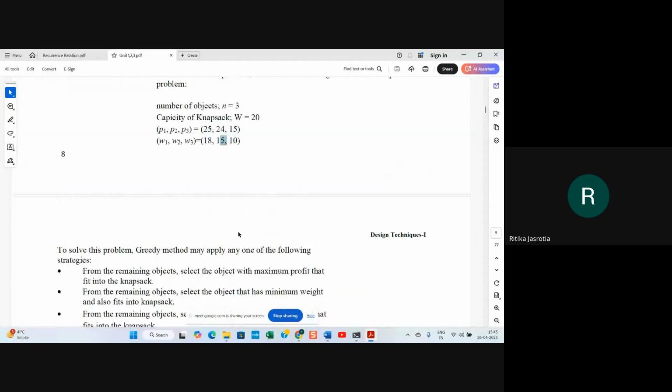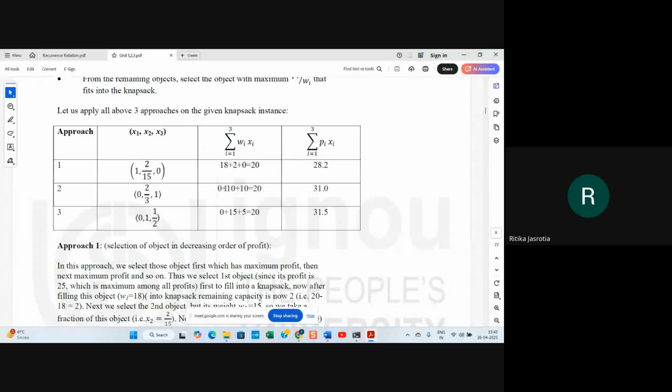How much will be used from this 15 kgs? 10 we have used, so 2 by 3 is the portion we have used from 15.